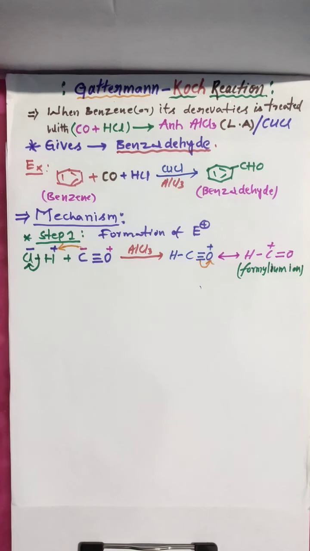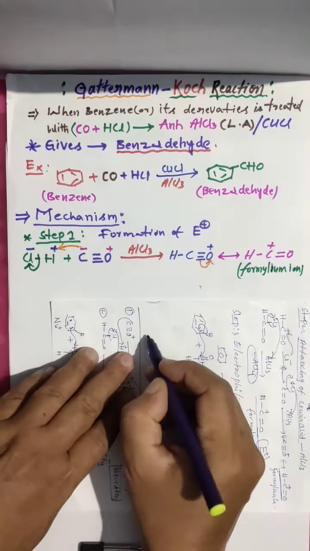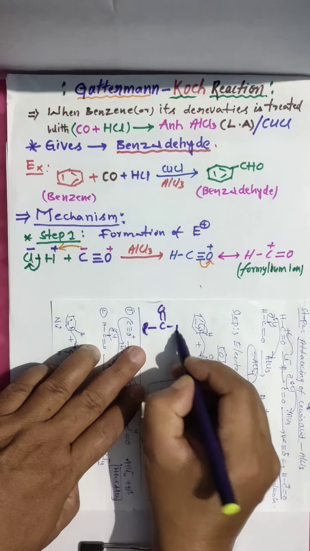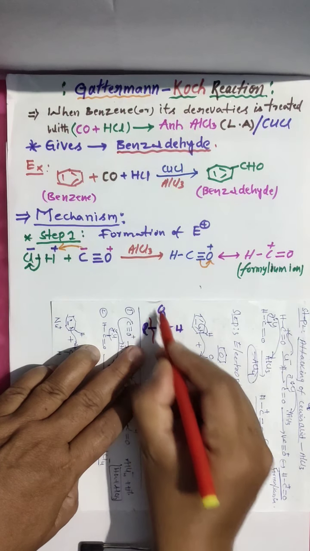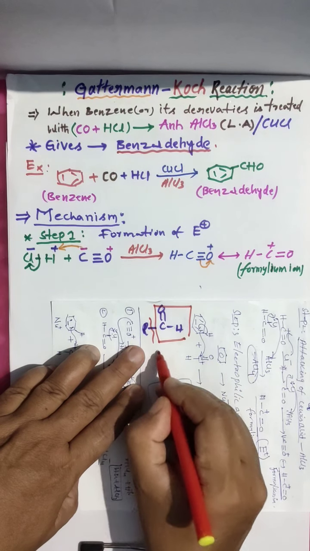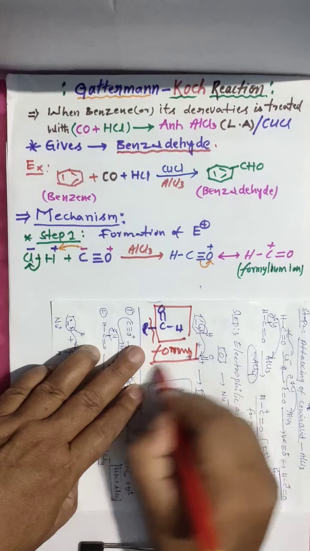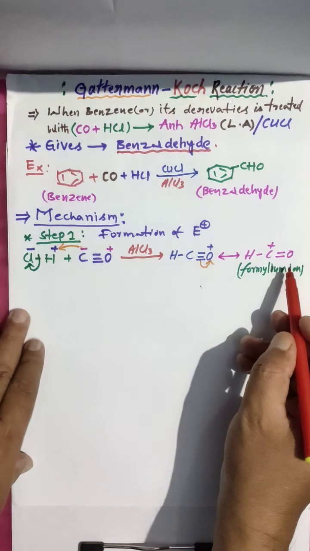What is meant by formylium, you know very well. Here R, C double bond O, H, aldehyde. Break this bond and this group is there, C double bond OH. This group we are calling the formyl group, and this ion we are calling the formylium ion.